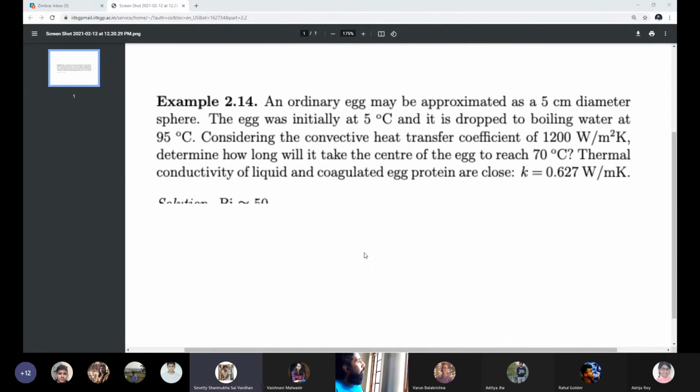Okay. So maybe the wiser thing is to use the full solution. But the engineer's way is to use the approximate solution first, and from there get the t hat. And if t hat is smaller than 0.2, then try to use the full solution. So let us be engineers and try using the approximate solution first.